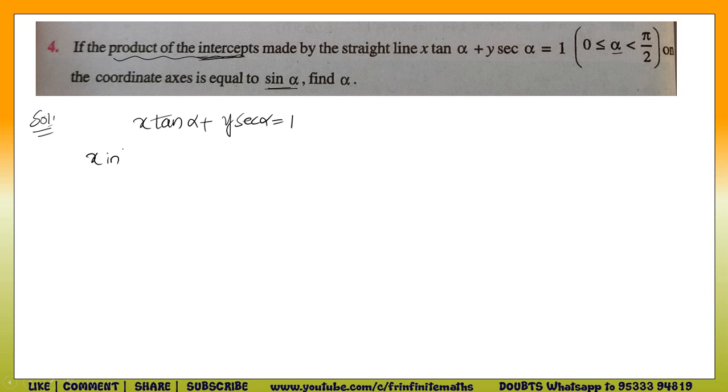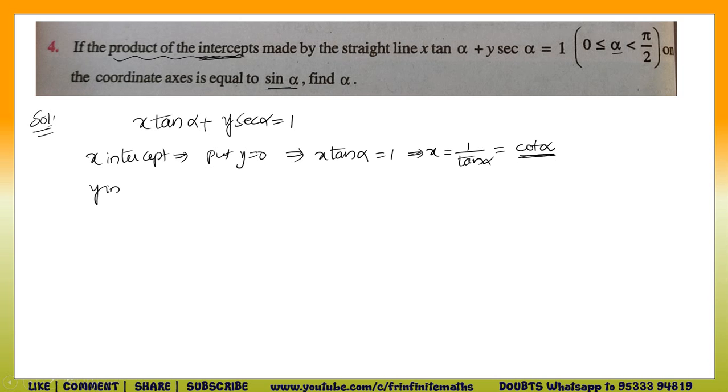If I want the x intercept, put y is equal to 0. Then this becomes x tan alpha is equal to 1. From this, x is equal to 1 by tan alpha, which means cot alpha. So this is nothing but my x intercept.